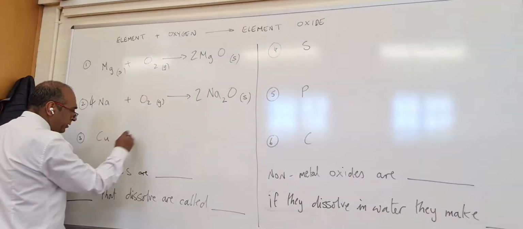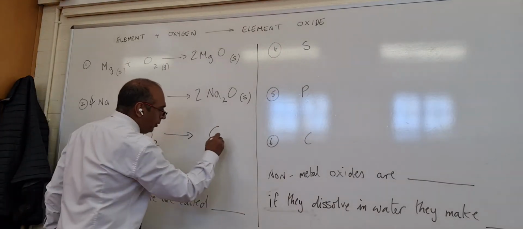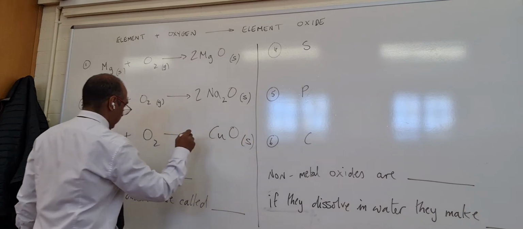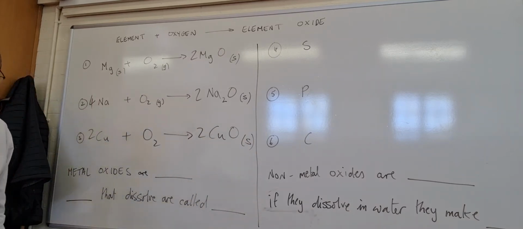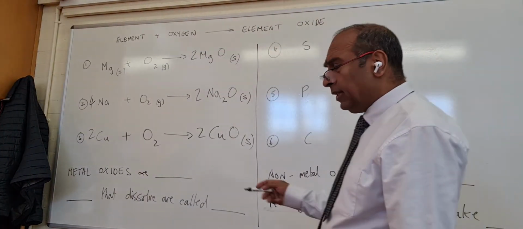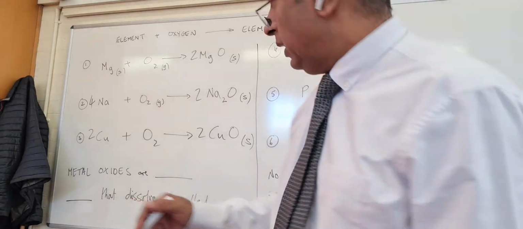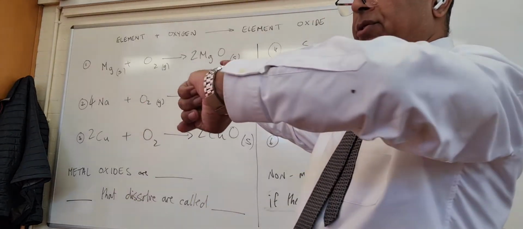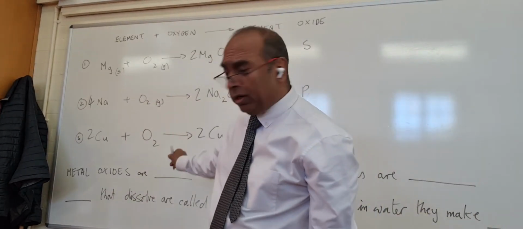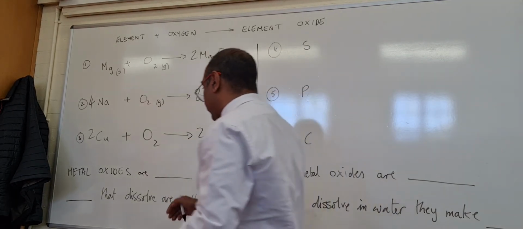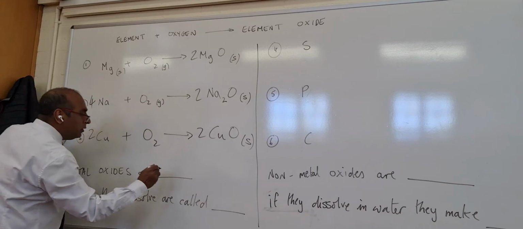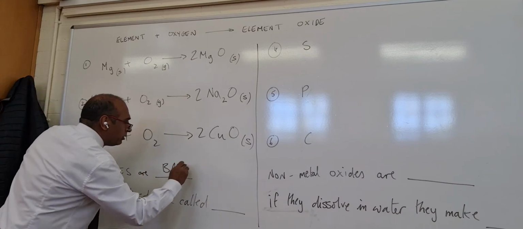When copper burns, it makes copper oxide. Balance it up, you need a 2 there and a 2 there. I hope you can follow the balancing, but the extra thing I want to teach you is that when you've got metals with oxides, metal oxides, then your metal oxides are the bases of the world.